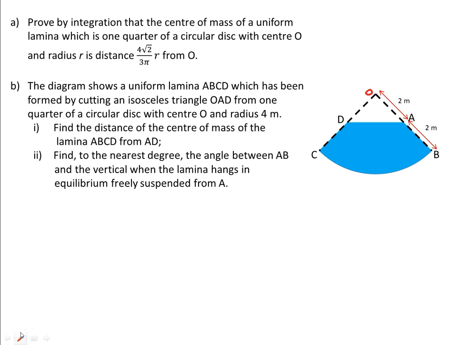It's useful to set up a variable which gives us the surface density of the lamina. So we'll suppose that the surface density of the lamina is sigma kilograms per metre squared.